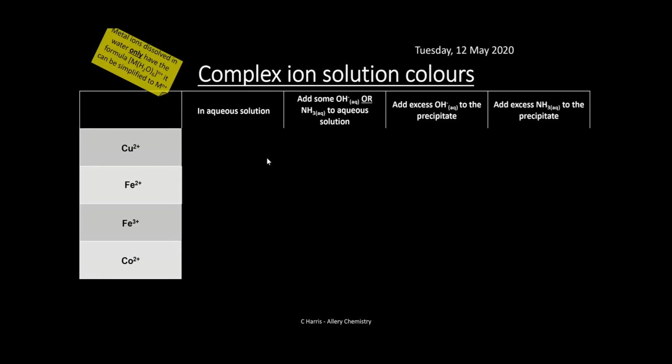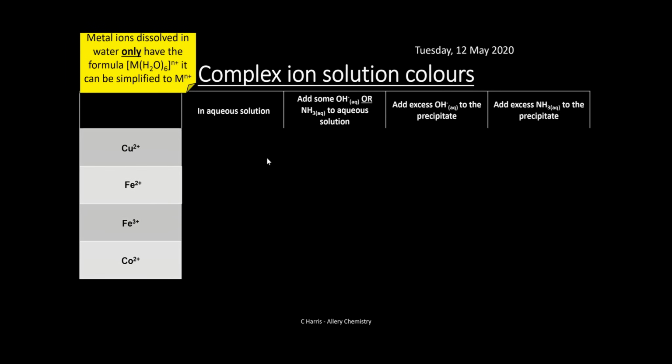Okay, so what we're going to do is look at the colours and summarise this really, because we've seen a lot of different reactions here. So we're going to look at the ions that we need to know, the colours they are in solution, and what happens to them when we add a little bit of hydroxide and ammonia, which is this bit here. Then when we add excess hydroxide to the precipitate that we form, and then when we add excess ammonia to that precipitate.